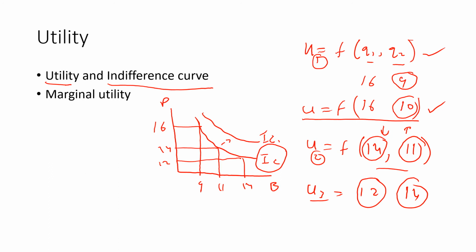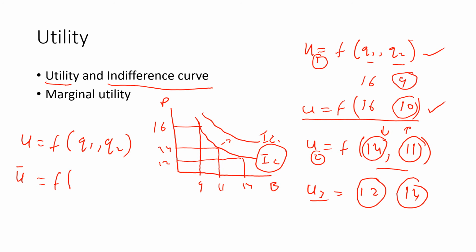Then we also have the concept of marginal utility. But before discussing it, let me use some mathematics for this indifference curve. That is, we have a utility function u, which is a function of q1 and q2, and for this to be an indifference curve, the utility will remain constant.